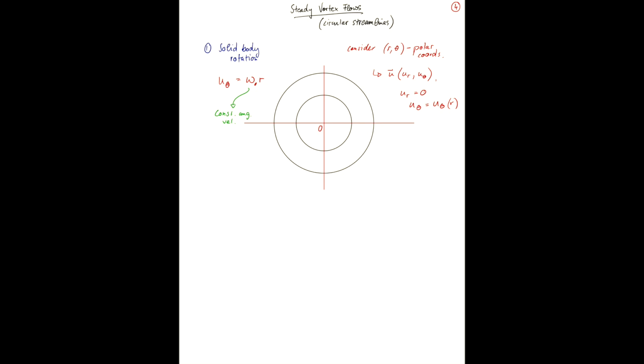If we plotted a profile of u theta, we would say it's 0 at r equals 0, and then it increases linearly as you go out from the center of the vortex. So this line here is u theta equals omega r.